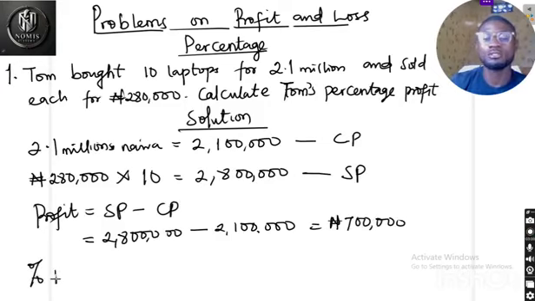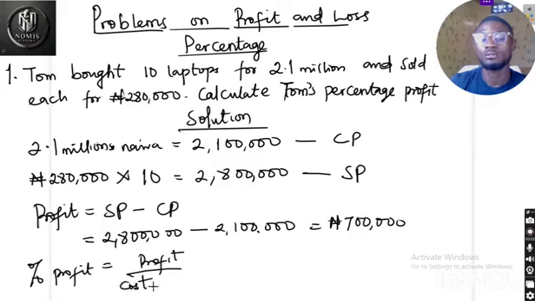Profit percentage is equal to, remember, profit over cost price multiplied by 100. What's the profit? 700,000. Cost price is 2,100,000.